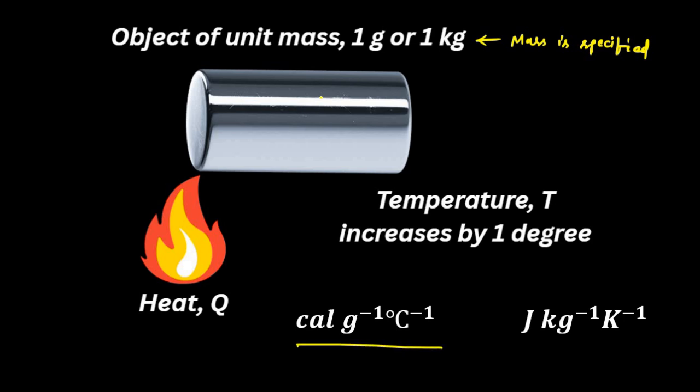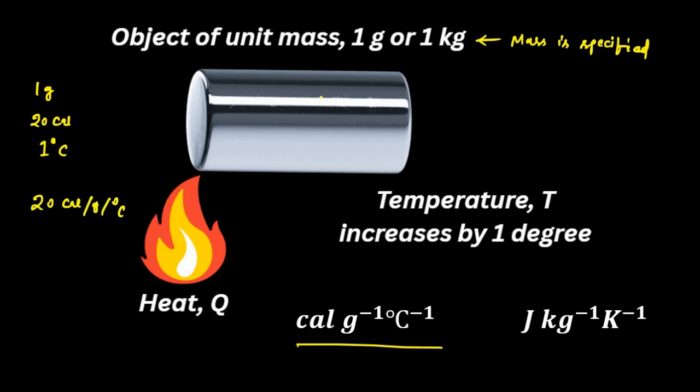Let's say, for a hypothetical example, for 1 gram of substance we require 20 calories of energy to raise the temperature by 1 degree Celsius. So how much will be the specific heat? 20 calorie per gram per degree Celsius.